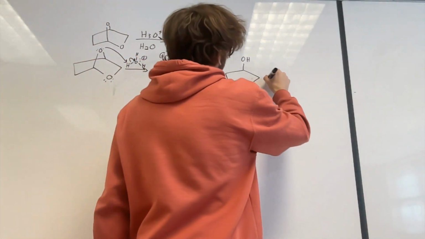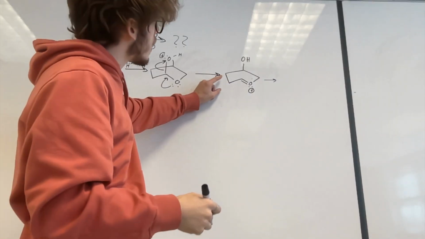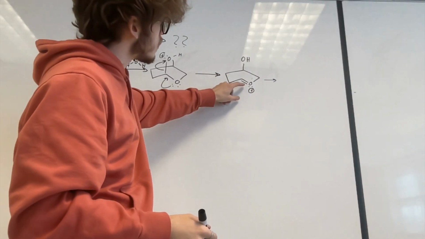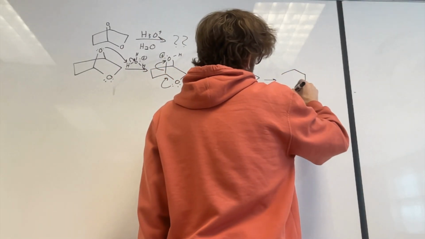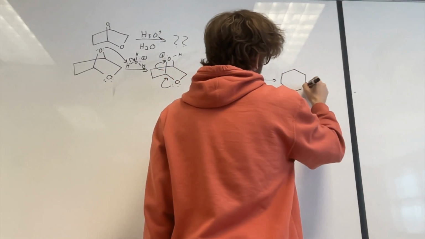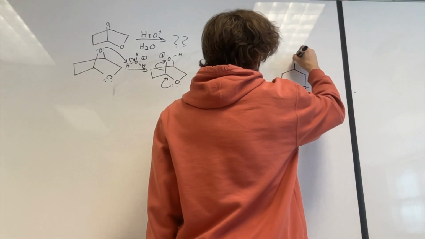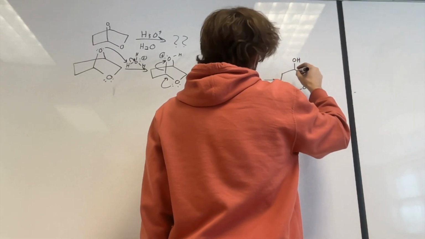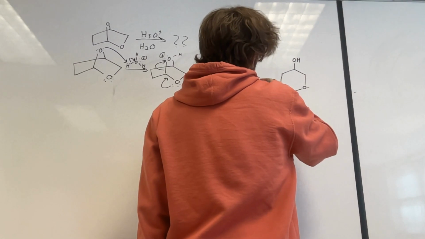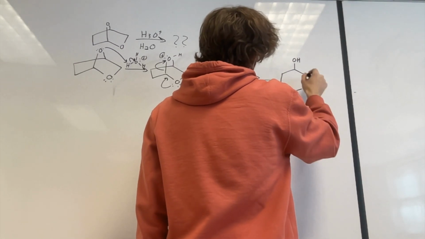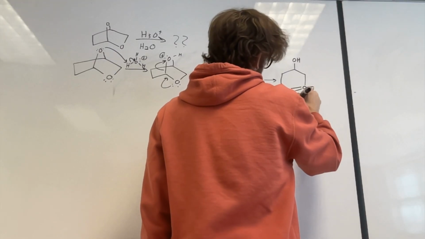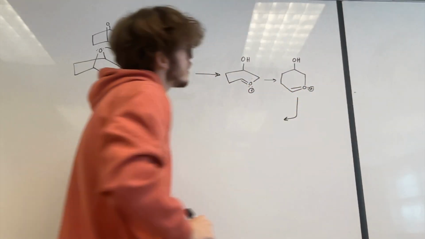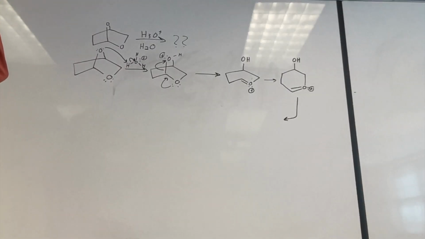Okay, let's draw this, and how many atoms in the ring do we have? 1, 2, 3, 4, 5, 6. So let's draw this as a flat linear structure. So this is 1, 2, and then the double bond should go here, positive charge here. Okay, so that's what we have so far.